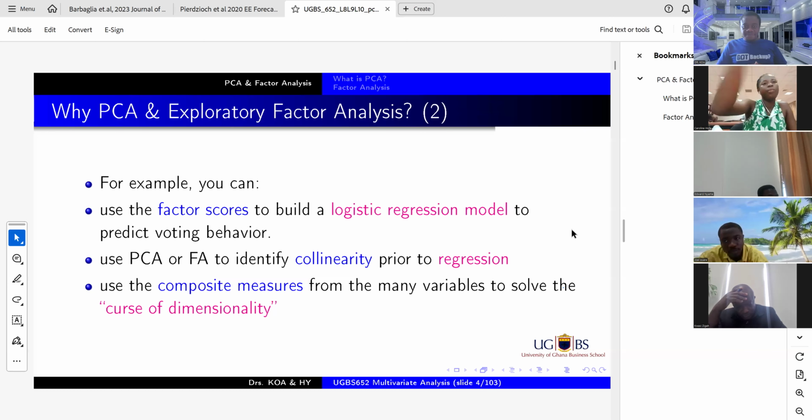The curse of dimensionality happens when the number of the independent variables is more than or too close to the number of observations. So you have the sample size, and then you have the independent variables, the features, the regressors. And these regressors are too many.